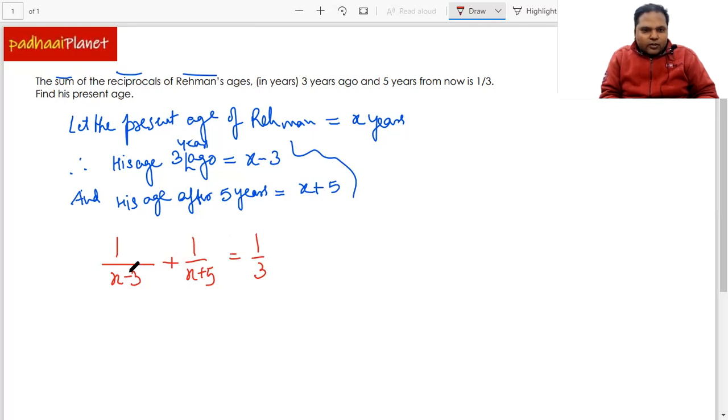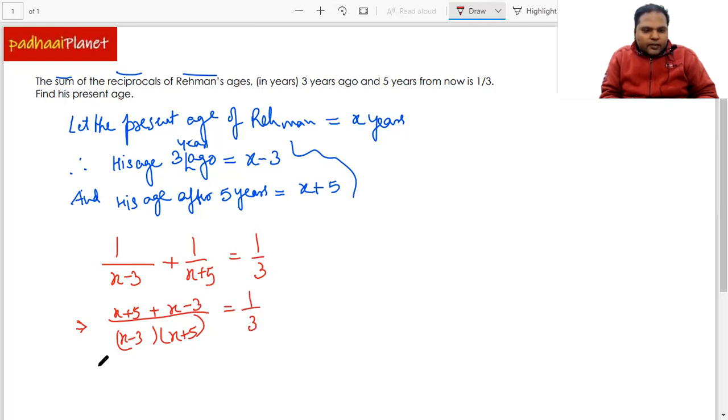So now let's solve it further. We will write it like this, to sum them up. And here we get x plus 5 plus x minus 3 in the numerator, and that's equal to 1 over 3, right?